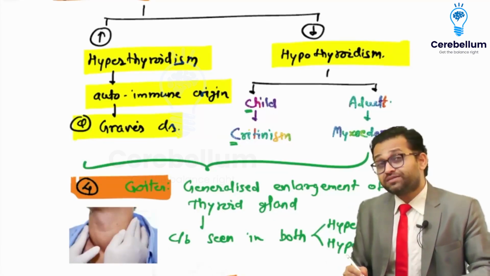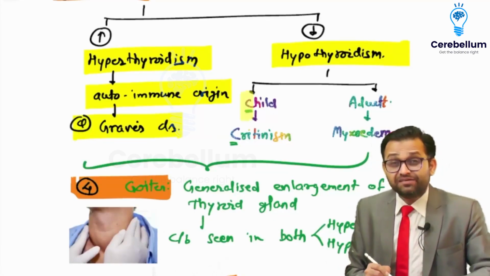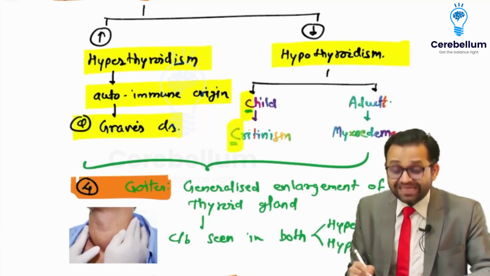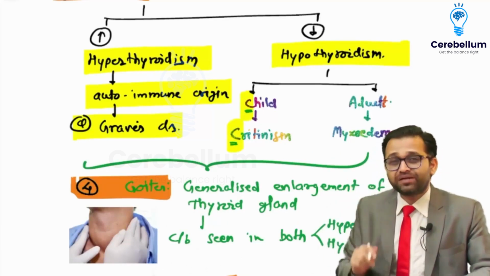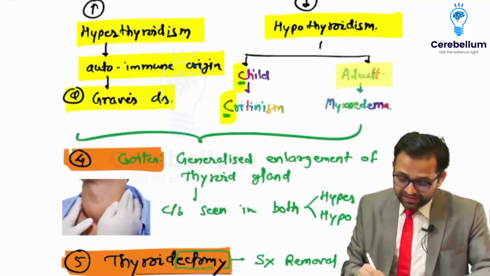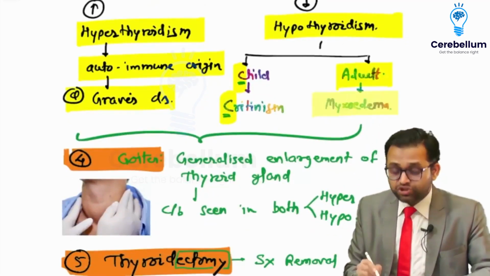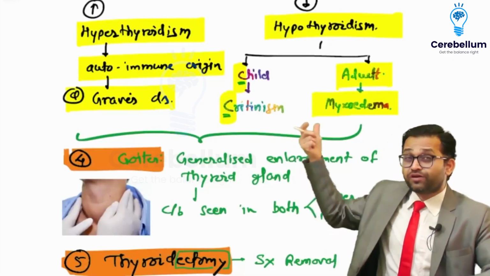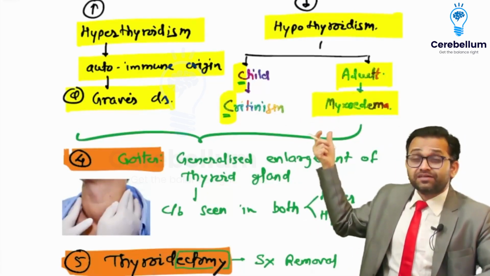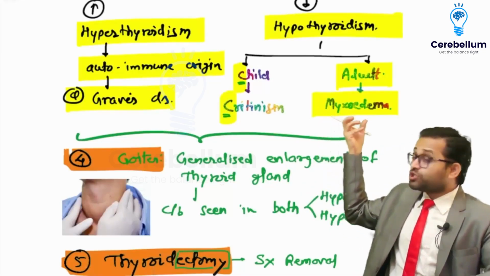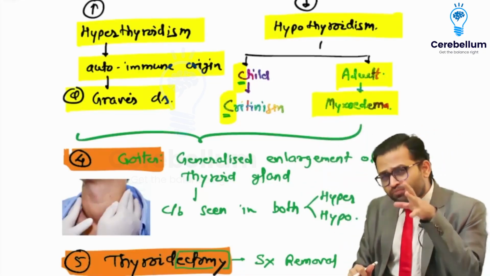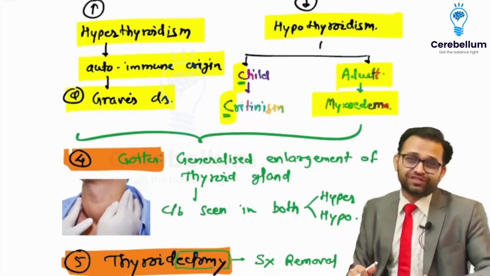But hypothyroidism in a child, C for child, is cretinism, with hypometabolic activity. If it occurs in an adult, you will see myxoedema, because the myxoid connective tissue, the heteropolysaccharide, gets swollen and there is an edematous situation. That's myxoedema.